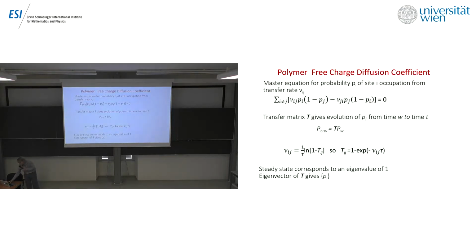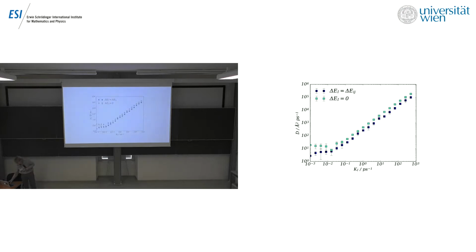So I think I'm going to skip this lot because I've run out of time, but Alex showed, in a way, standard stuff, but he applied it very neatly to this problem, solving the master equation to get at the charge diffusion coefficient in a polymer film, which allows for this very much faster in-chain charge transport.